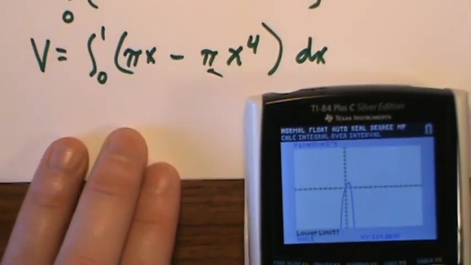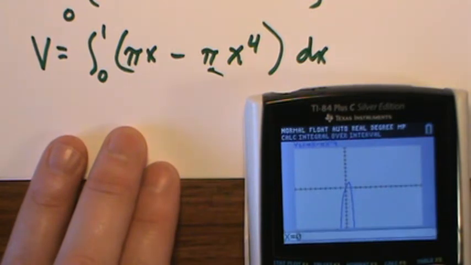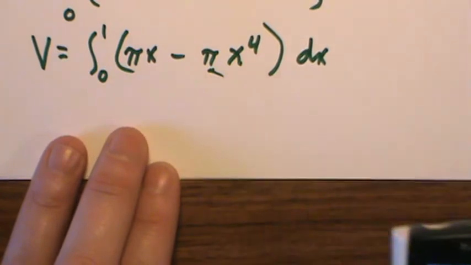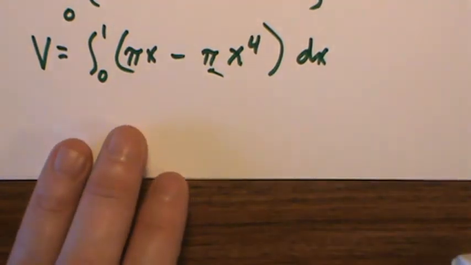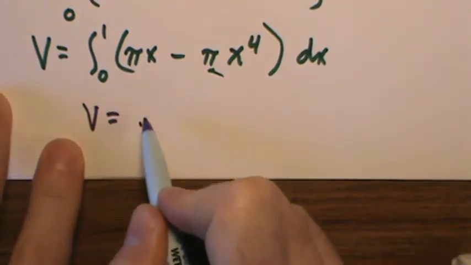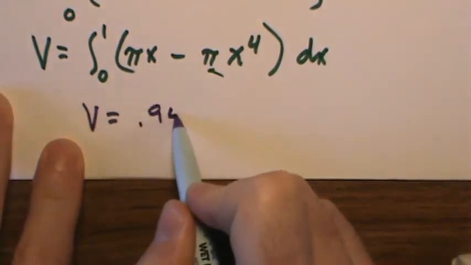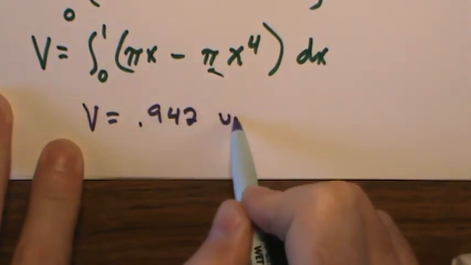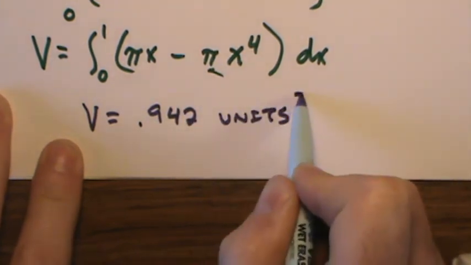And so then I'm going to go from 0 to 1, and it gives me 0.942. That's 3 decimal places rounded appropriately. 0.942 units cubed.